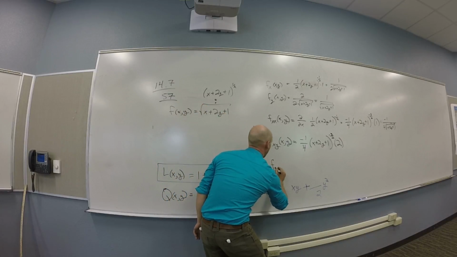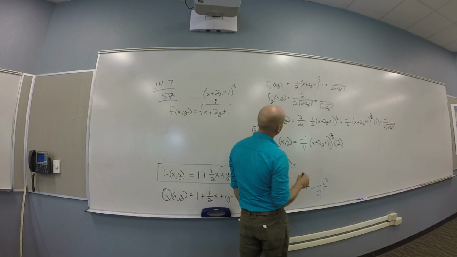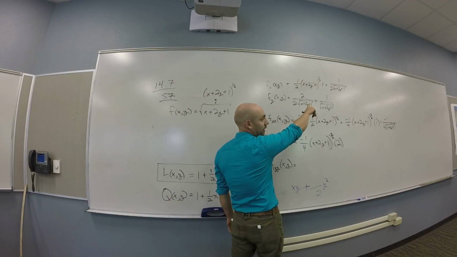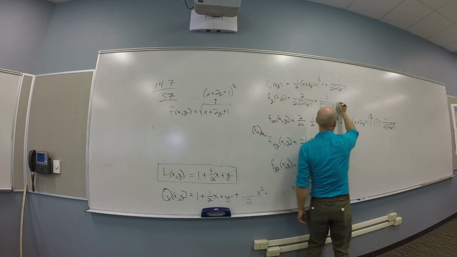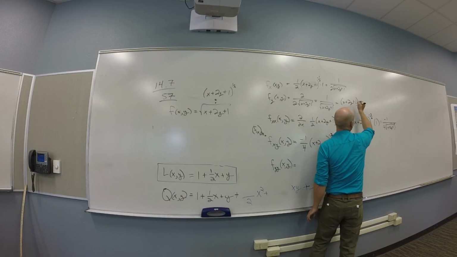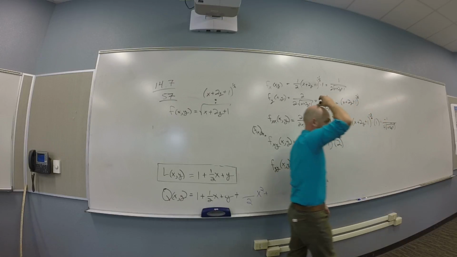Okay, and then I need fyy of x and y, which should be dang near the same thing, right? So I take that guy, and I need to differentiate with respect to y. So this is x plus 2y plus 1 to the negative 1/2, and I'm differentiating with respect to y.